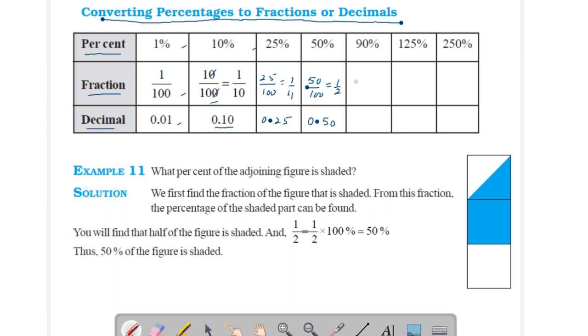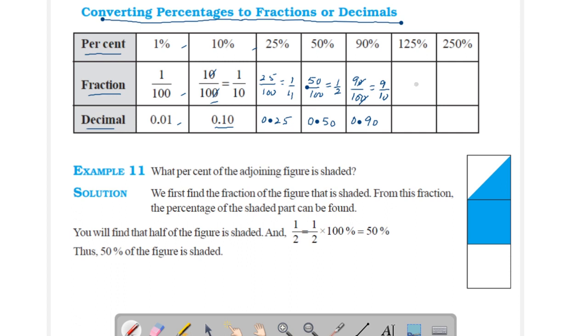Similarly, 90% can be written as 90 upon 100 in fraction. Here if you simplify it, cancel 0, you will get 9 upon 10, and in decimal you can write it as 0.90.